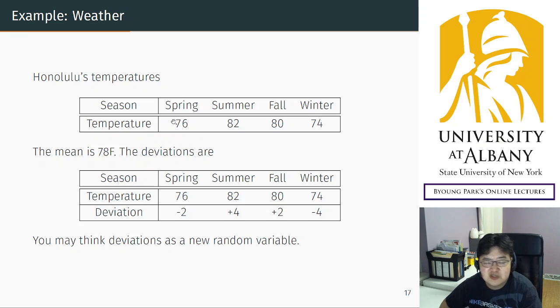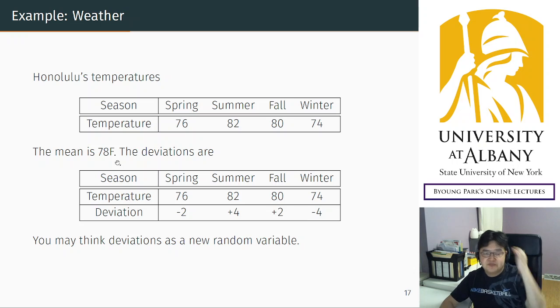If it's just four numbers, four raw data, so you measured the temperature at only four times, you know how to calculate the mean. It's simple: add all four numbers and divide by four, then you get 78 degrees. That is the mean.